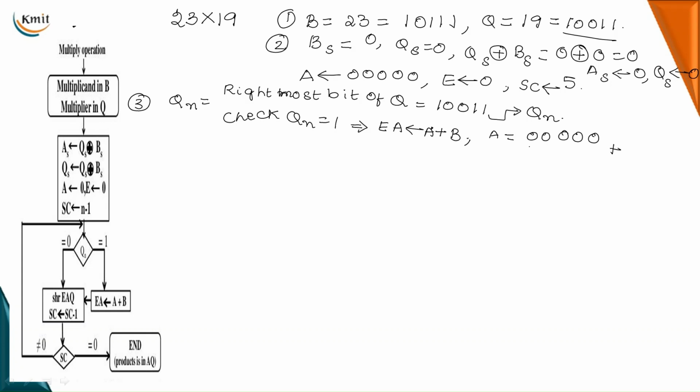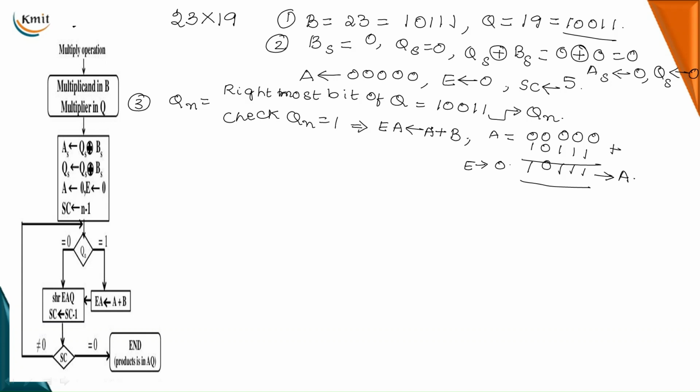Plus what is the value of B? 1 0 1 1 1. So perform an addition which will give you 1 0 1 1 1. So this is your EA. So since you don't have a carry, E will be 0 and this sum will be stored in A.